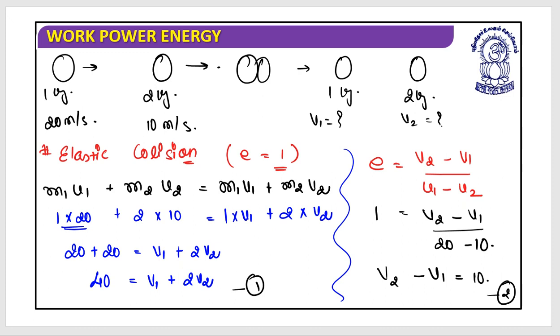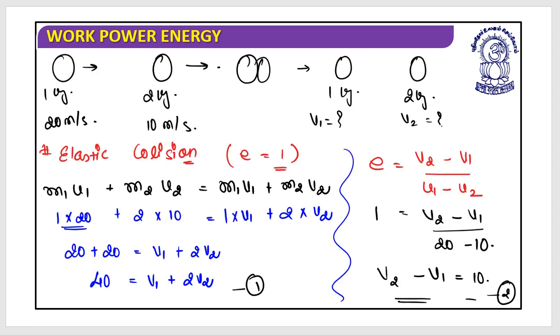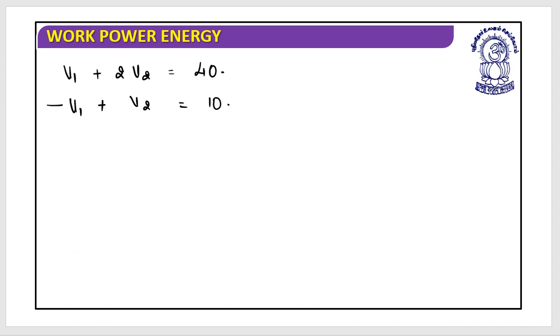Let's try to solve these. The first relation was v1 plus 2v2 equals 40, and the second relation was minus v1 plus v2 equals 10, that is, v2 minus v1 equals 10.